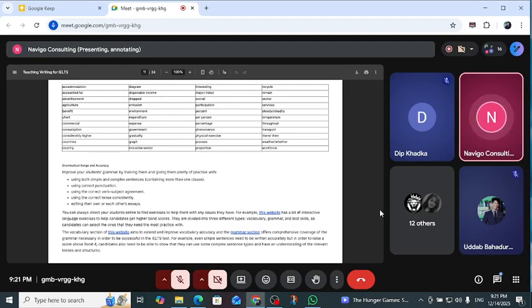And editing your own or each other's essays: if your grammar is good and accurate, you are able to edit your own or other people's writing.